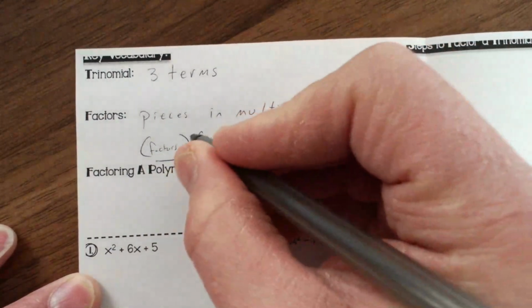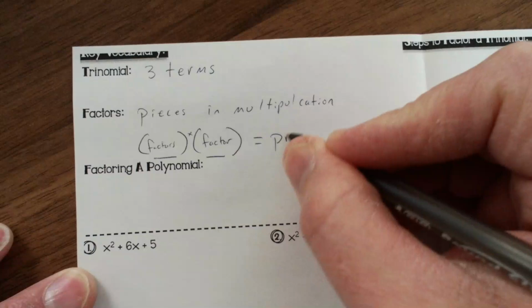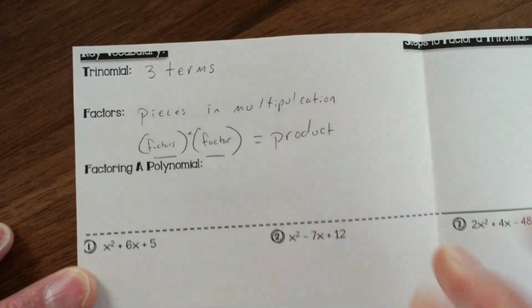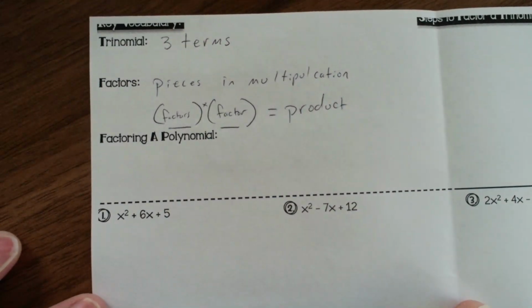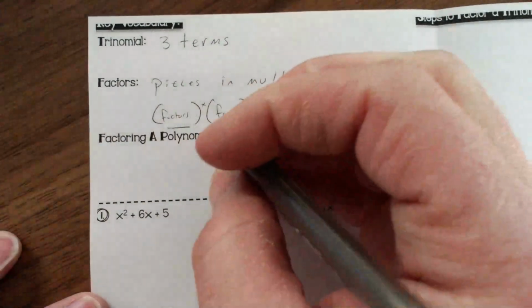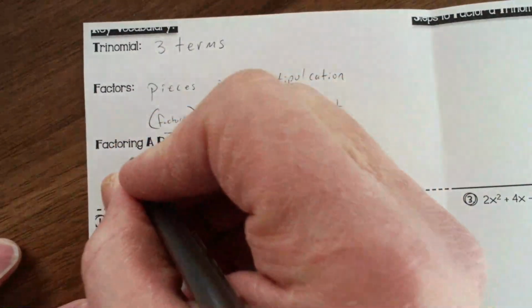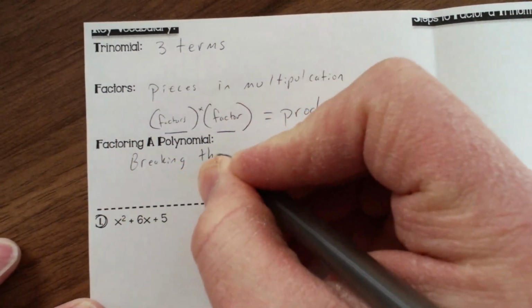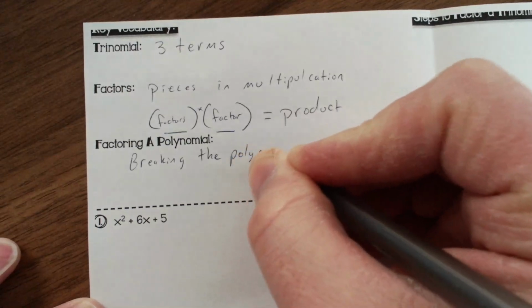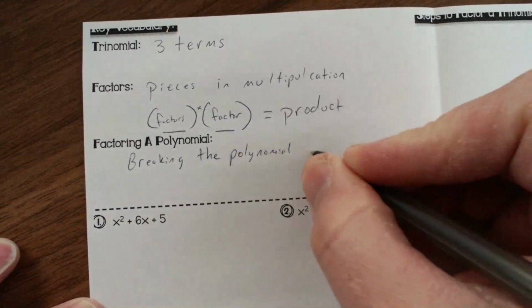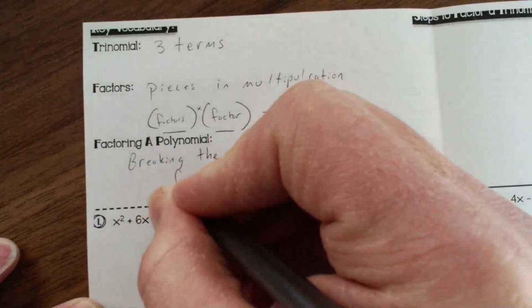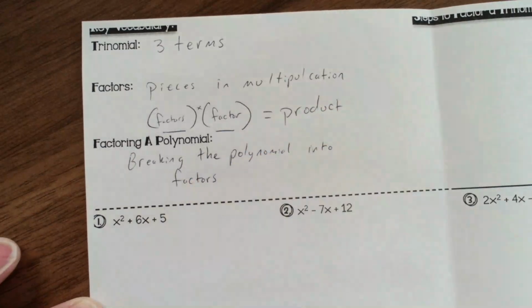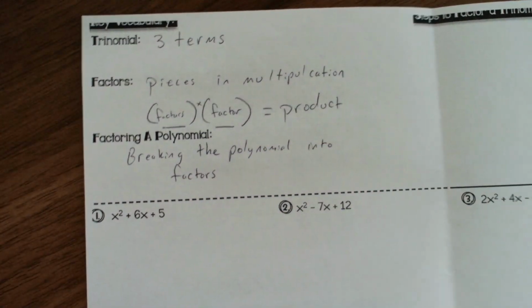And when you multiply, you get the product, which is the answer. And factoring a polynomial, we're breaking up or simplifying the polynomial into its factors. So breaking the polynomial into factors. Now, there's several different ways that you can do this.